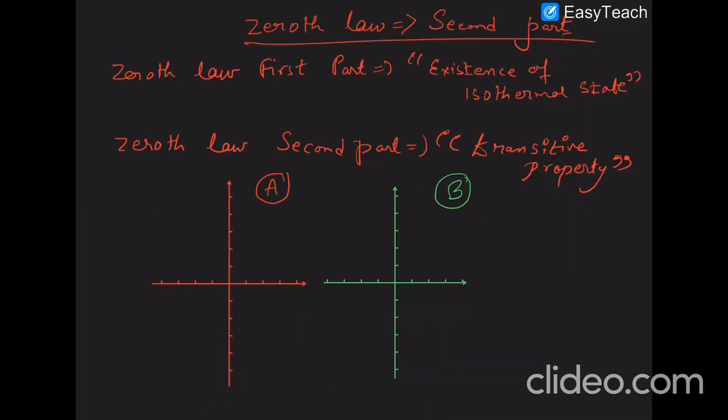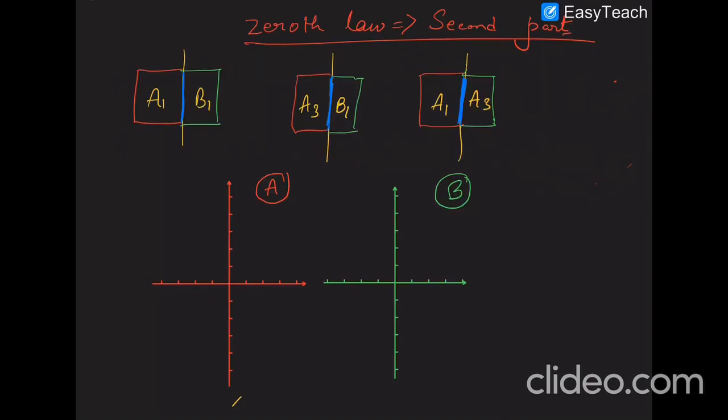As we are discussing the second part of the zeroth law, we also appreciate the first part of the zeroth law, which showed the existence of isothermal states, and the second part showed us the transitive property. Now we will go into a little more detail.